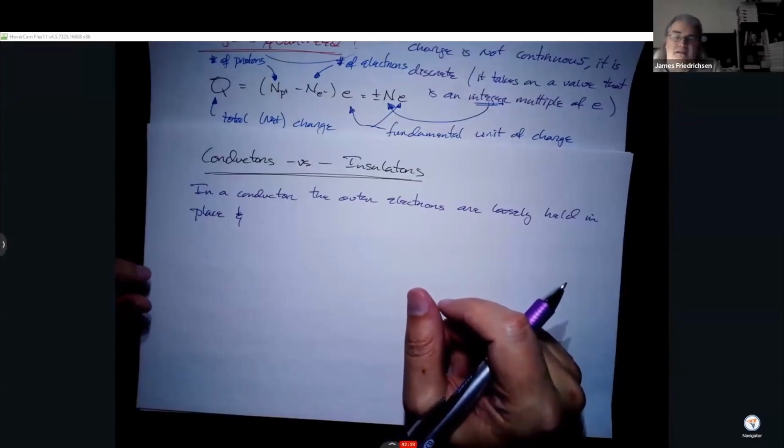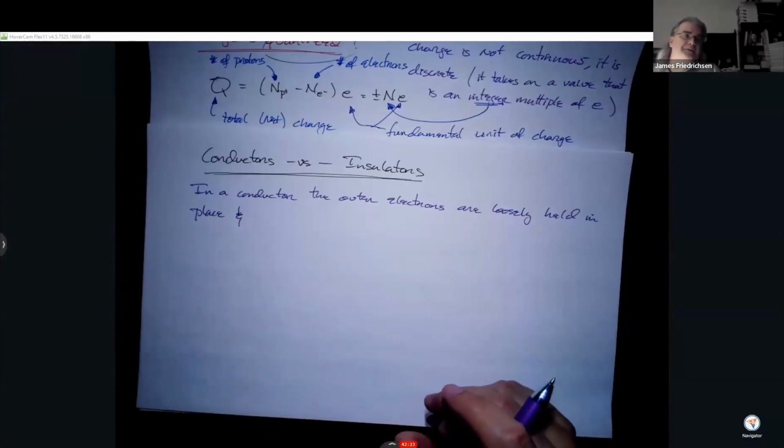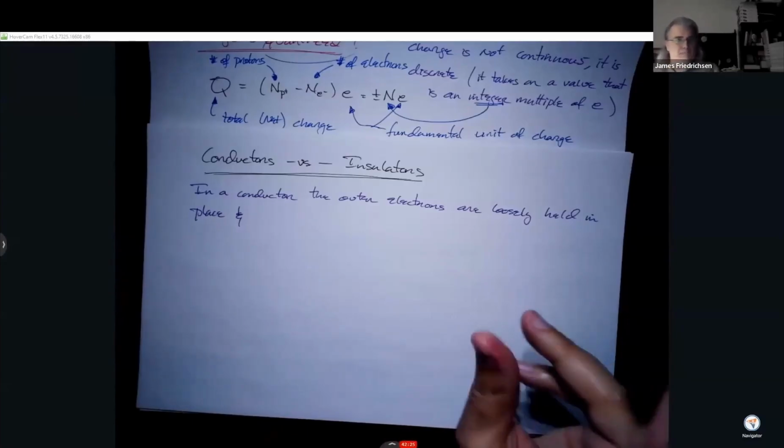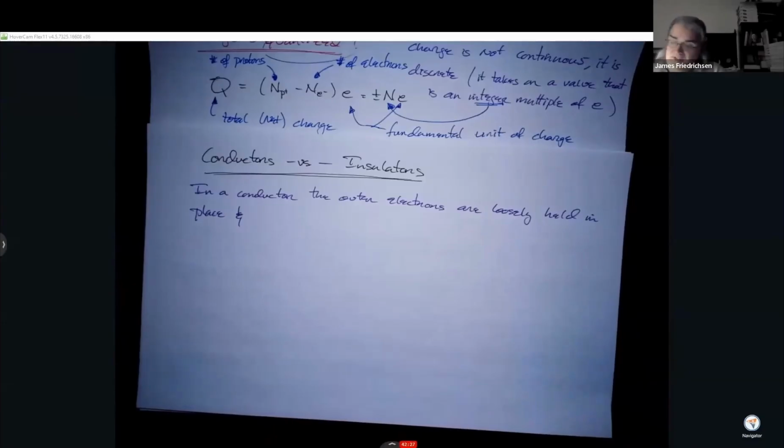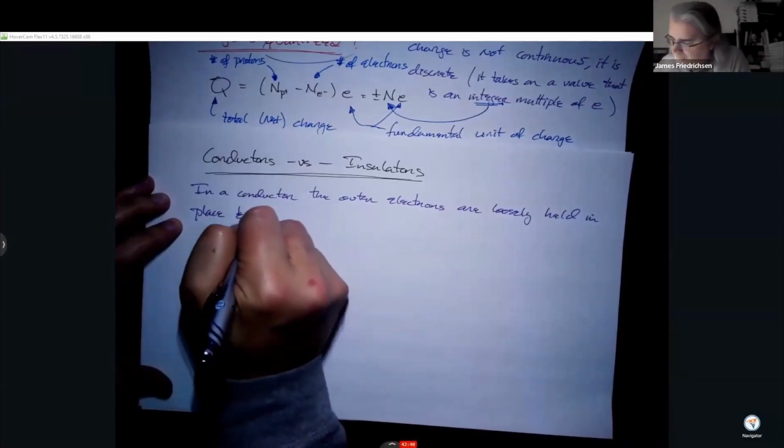Okay. Now they're not kicked out of the material itself, they're just bumped out of the particular atom they were loosely bound to. And so these are still, like I said, bound to the material, but they're no longer bound to a particular atom.